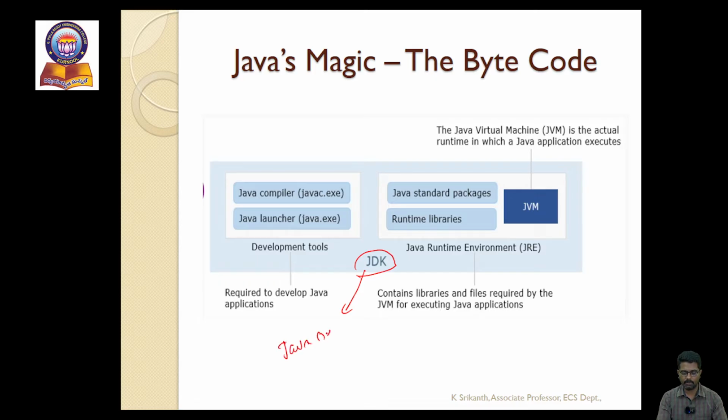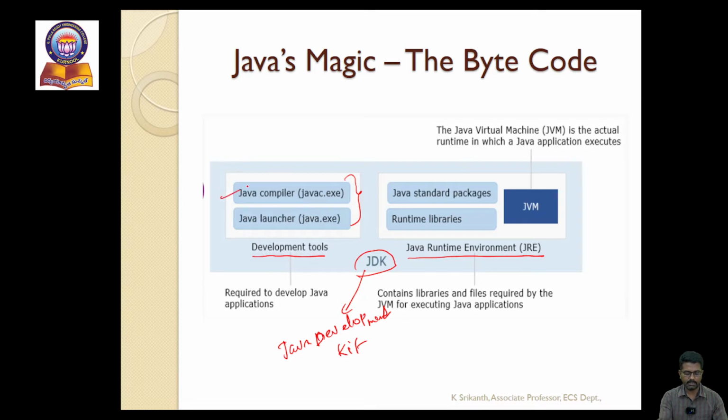The JDK consists of 2 components. One is development tools, the other one is Java Runtime Environment. The development tools consist of 2 important executable files.